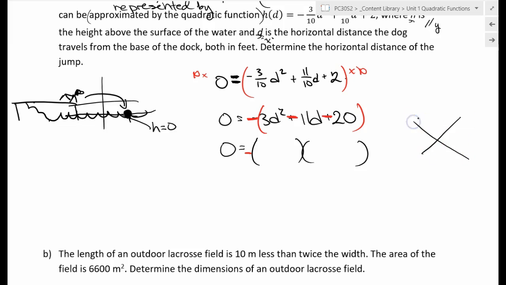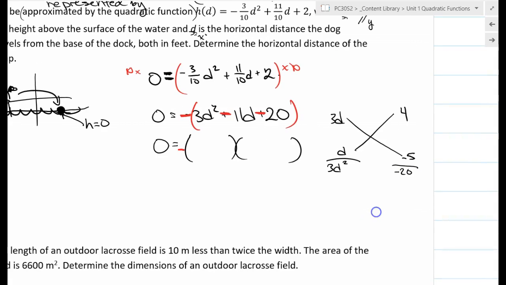So again, I'm going to use that crisscross method. 3d and d would give me 3d squared. I've got 20, so maybe 5 and 4 would give me negative 20. That 5 is negative.